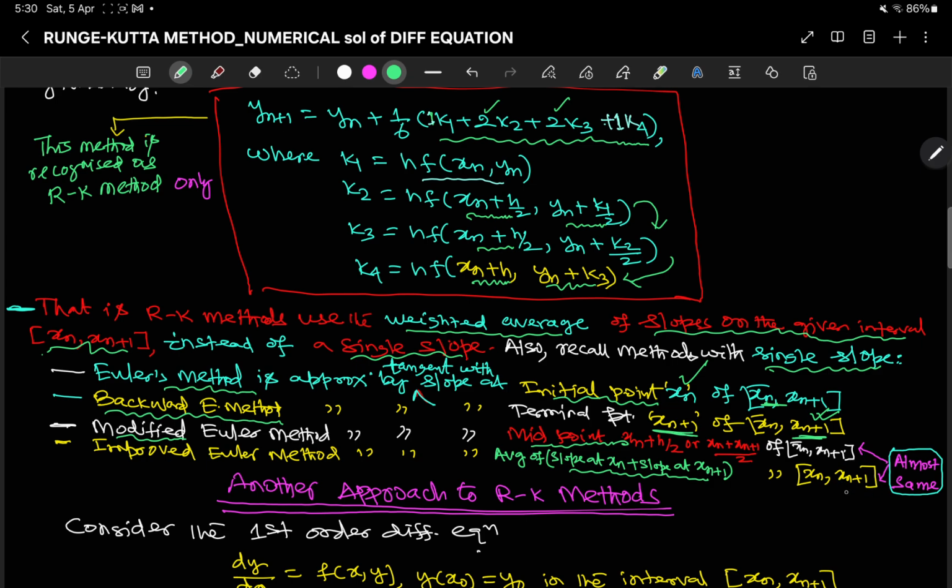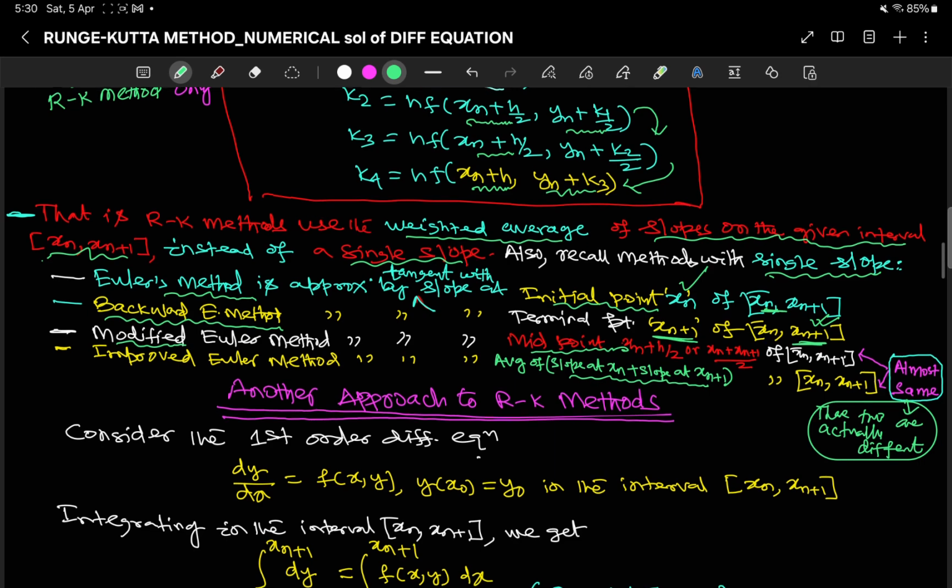The error of these two methods is almost the same, so a few authors confuse them and say these two methods are the same. Indeed, they are different: the modified Euler method and the improved Euler method are actually different. However, if we apply them to a problem, we get almost the same answer.